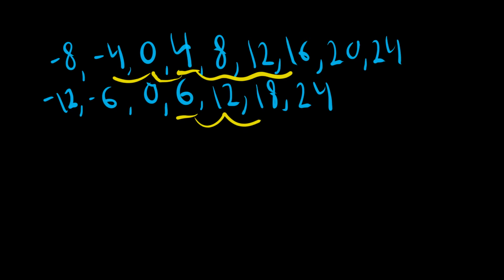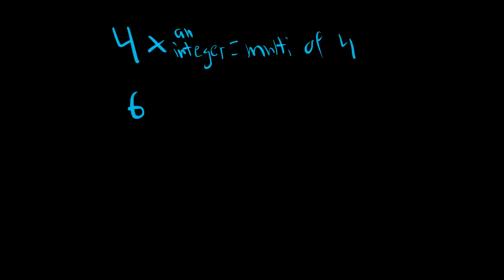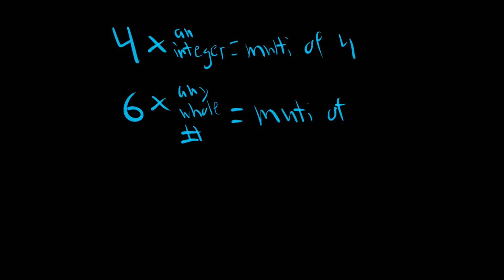So another way of writing this is basically, 4 times an integer is a multiple of 4. 6 times any whole number, whether that be positive, negative, or 0, is a multiple of 6.